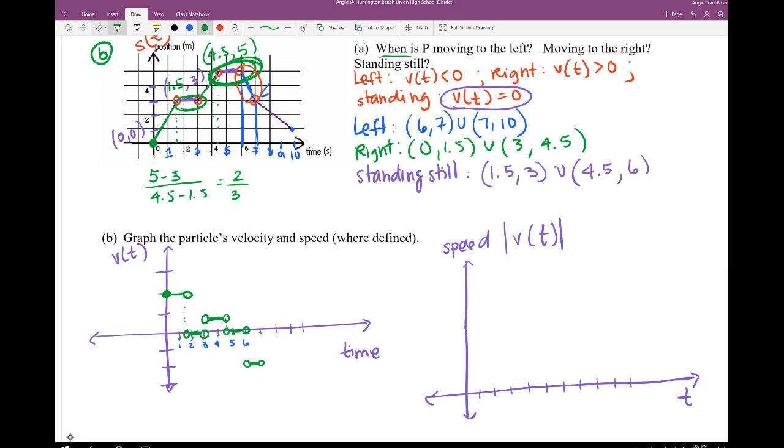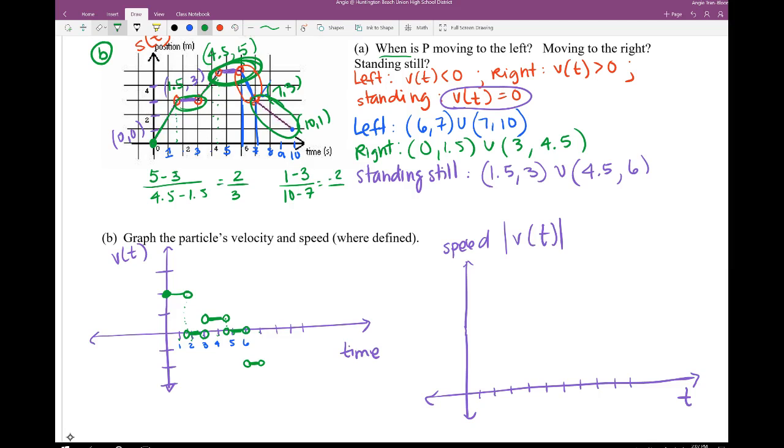All right, last piece. Here we go, from 7 to 10. So let's use this one, 7 to 10. What is the slope? So this is 7 comma 3, and this is 10 comma 1. So what is that slope? 1 minus 3 divided by 10 minus 7.